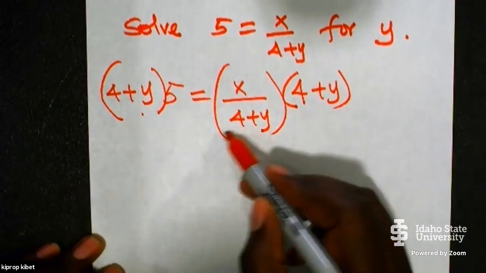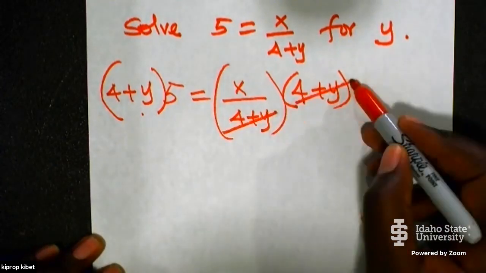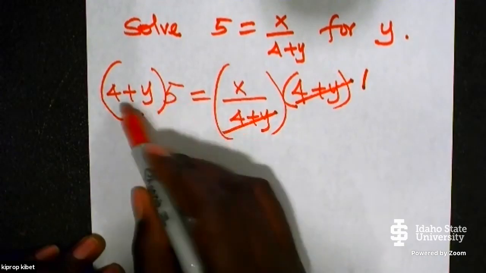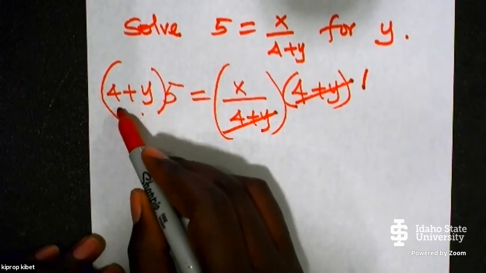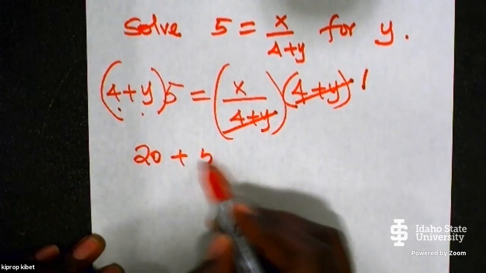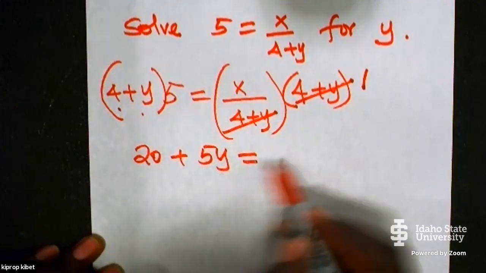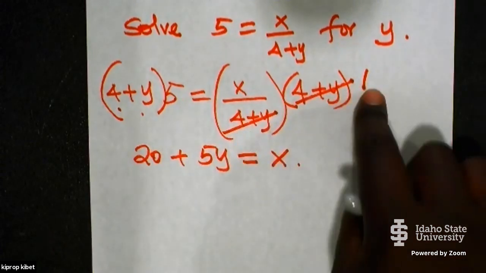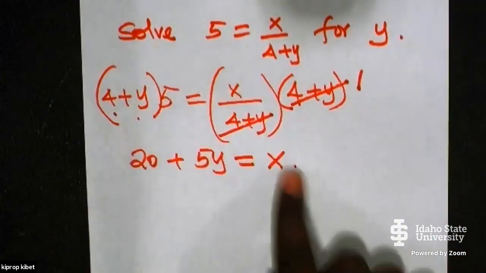So this will cancel with that, you get 1. Okay, so what remains here, when you open this bracket, is 20 plus 5y equals x. Because you cancel this one and this, you get 1. So x will remain there.